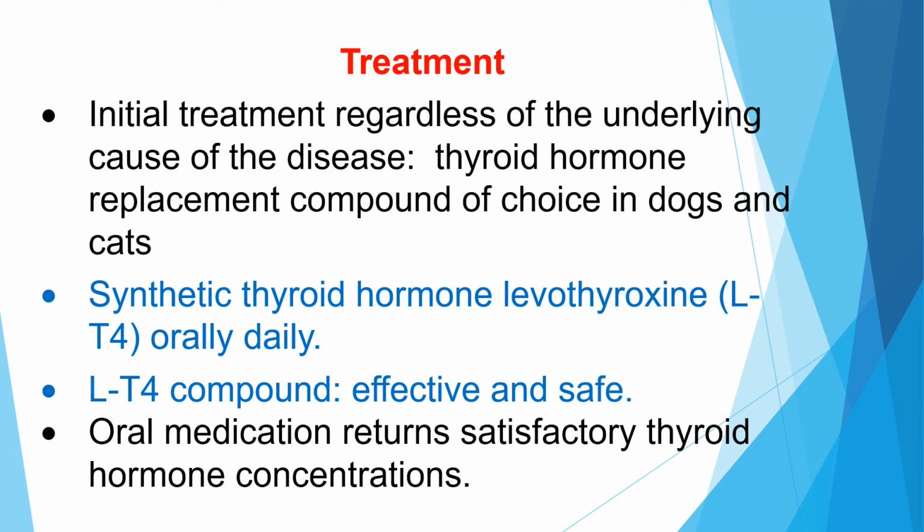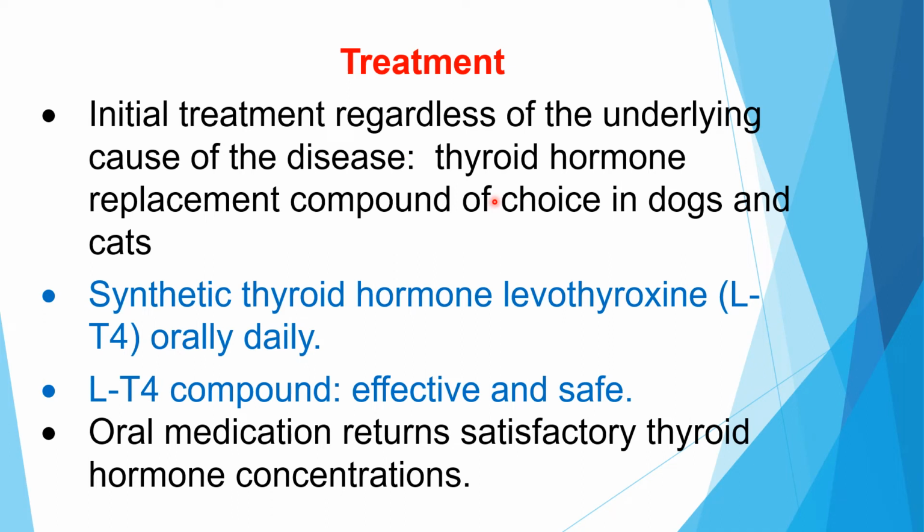Friends, here we discuss an important aspect, that is treatment of hypothyroidism in dogs and cats. The clinician has to start treatment initially, whatever may be the cause of hypothyroidism.